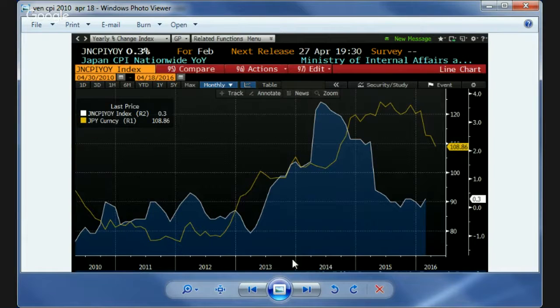Remember, this is year on year. But more importantly, it's based on the expensiveness of imports into Japan on the falling yen.